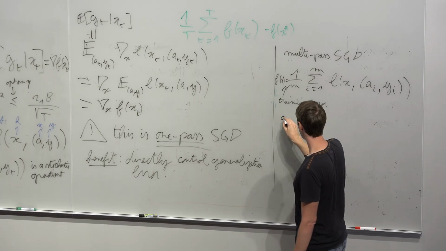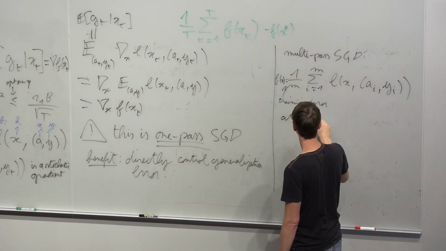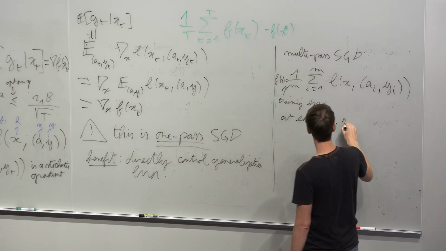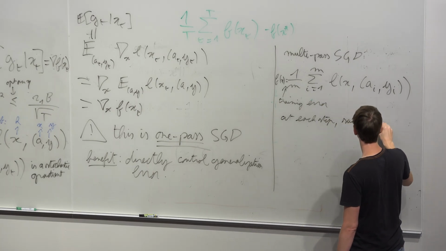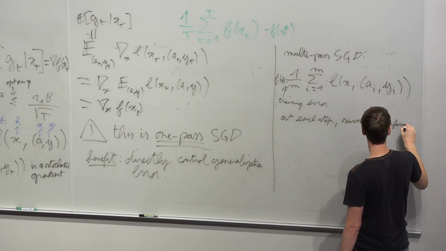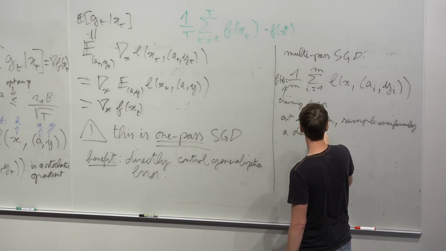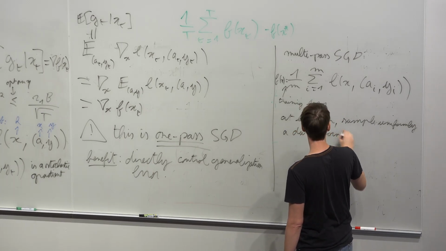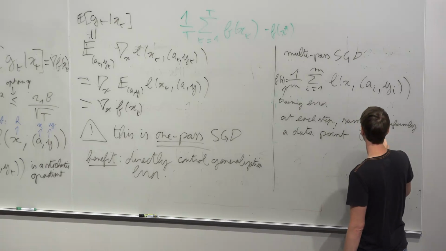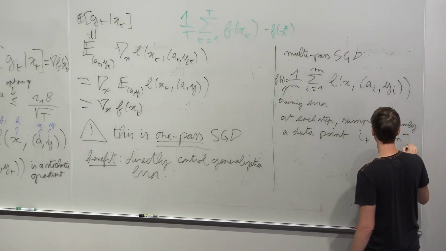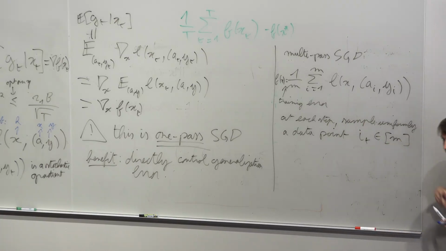Now, at each step, sample uniformly a data point, which is just an index it in 1 through m. You have this huge database of examples, you take one of them at random, and you calculate the gradient with respect to that.